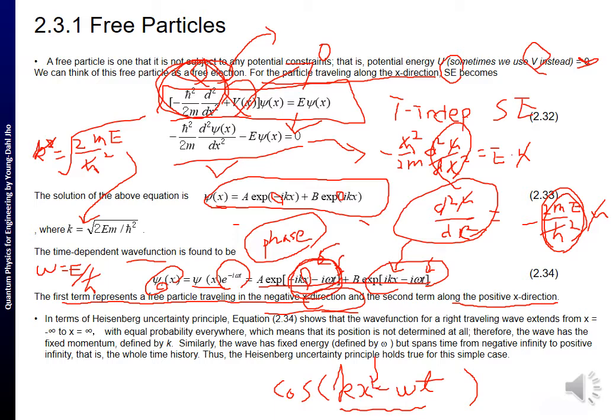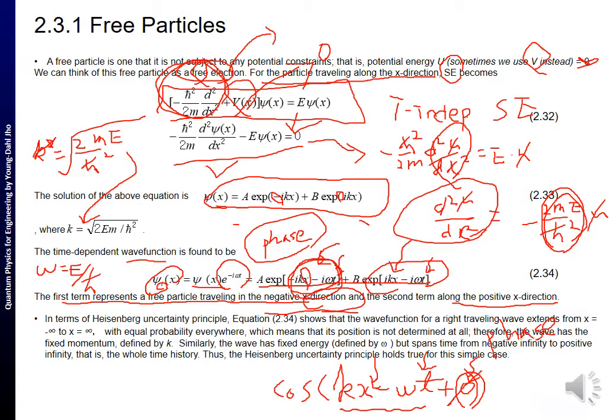But x and t are independent variables, so they are not fixed, they are changing. If we have an additional value which is not changing, like this one, then we call this phi the phase.